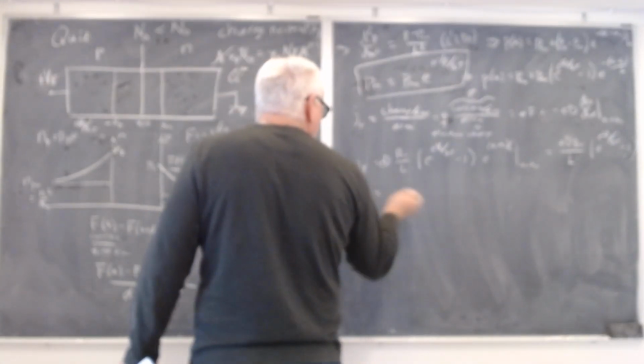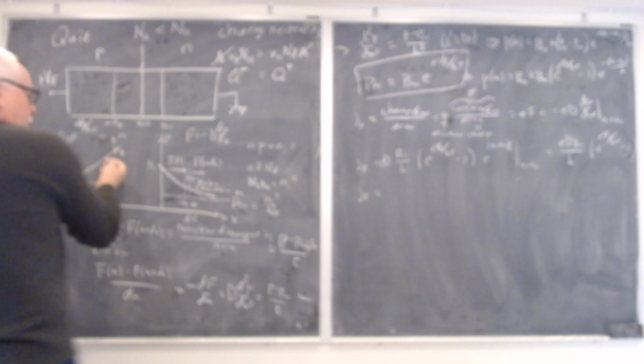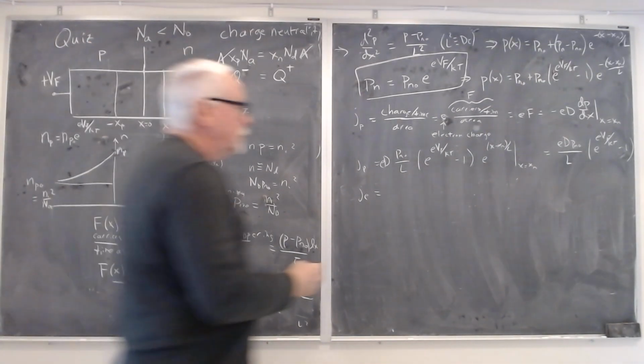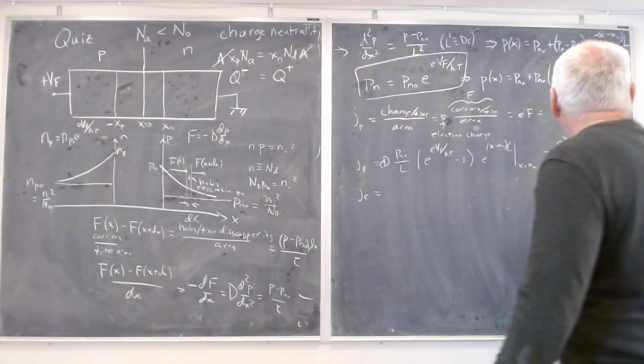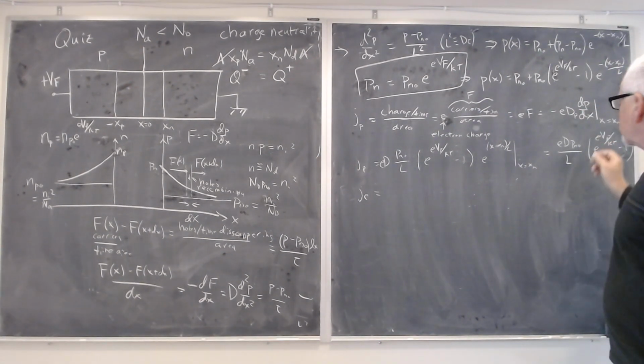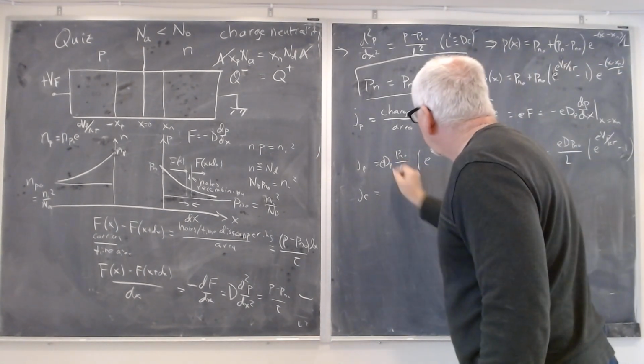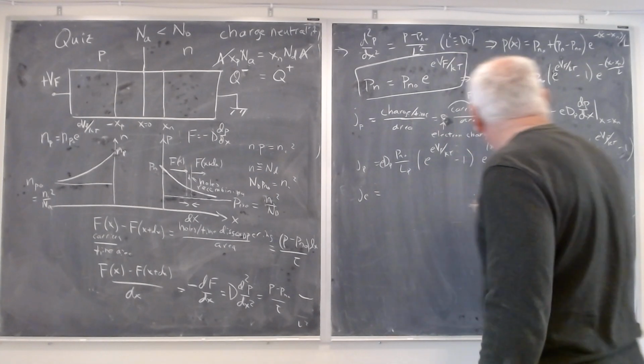J sub E is the same thing. The electrons are over here. That's the diffusion coefficient for holes, and that's the diffusion length for holes.